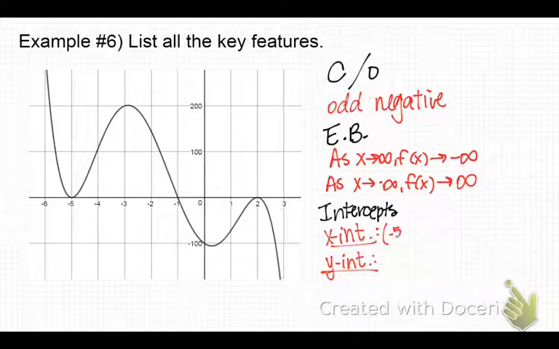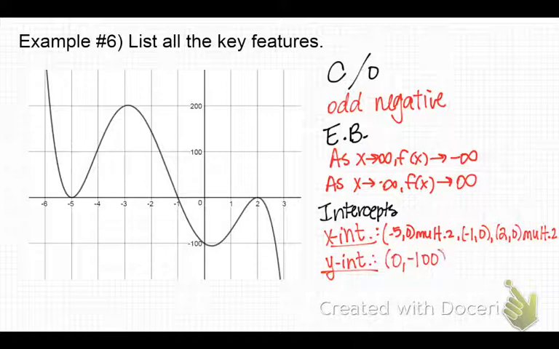Good, negative 5, 0, multiplicity 2. Negative 1, 0. What else? And 2, 0. Multiplicity 2. And it ran off the board, but it says multiplicity 2. And where's my y-intercept at? 0, negative 100.